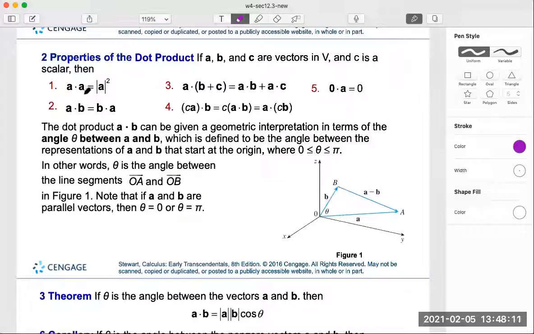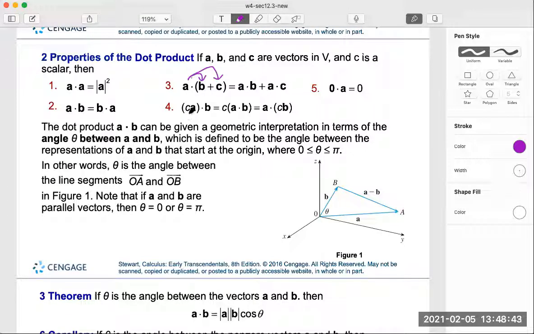A dot A will be the magnitude of A squared. Second, A dot B will be B dot A, it's the same. A dot (B plus C) is equal to A dot B plus A dot C, the distributive rule. And the dot product of the zero vector with any vector will give us 0.